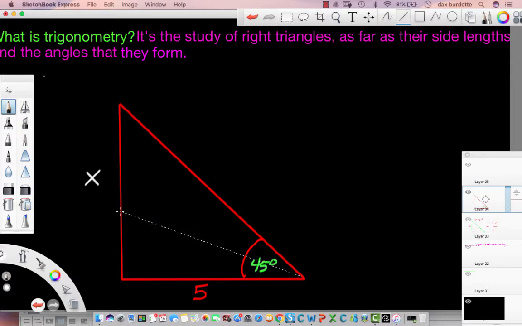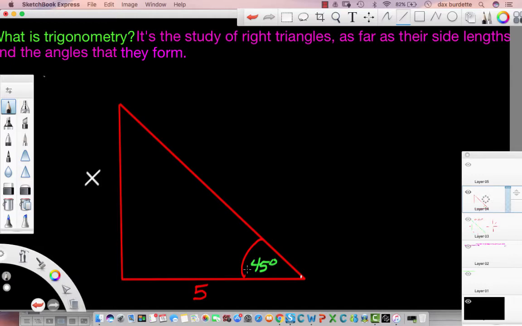So basically, for this right triangle to form a 45 degree angle, if this side length is 5, the height is going to have to be one particular measure, because once I start moving it up and down, it's going to be another measure. The angle is going to change.